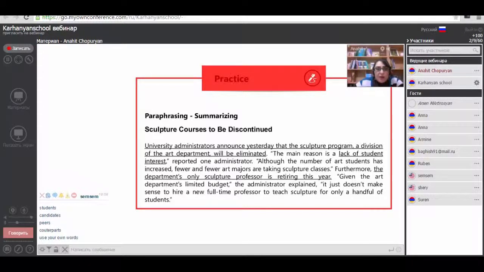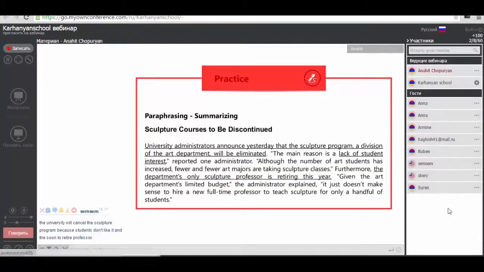Although the number of art students has increased, fewer and fewer art majors are taking sculpture classes. Furthermore, the department's only sculpture professor is retiring this year. Given the art department's limited budget, the administrator explained, it just doesn't make sense to hire a new full-time professor to teach sculpture for only a handful of students. The university will cancel the sculpture program because students don't like it and the soon-to-retire professor.